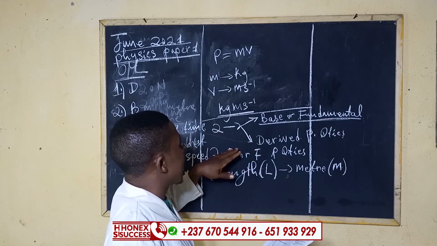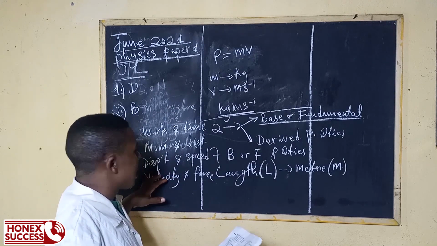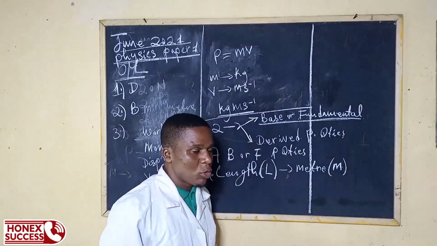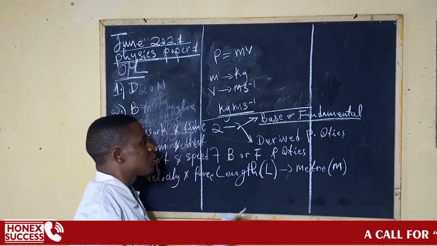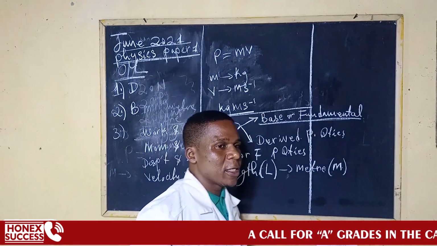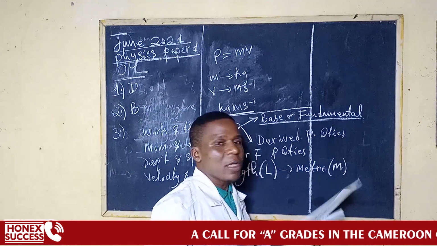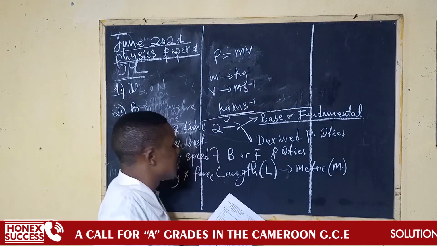What is a vector quantity? A vector quantity is a physical quantity that has magnitude and direction. And what is a scalar quantity? A scalar quantity is simply a physical quantity that has only magnitude without direction.